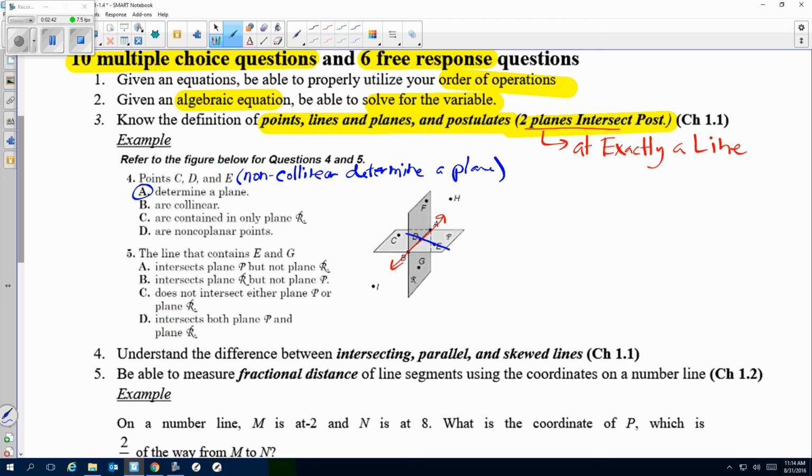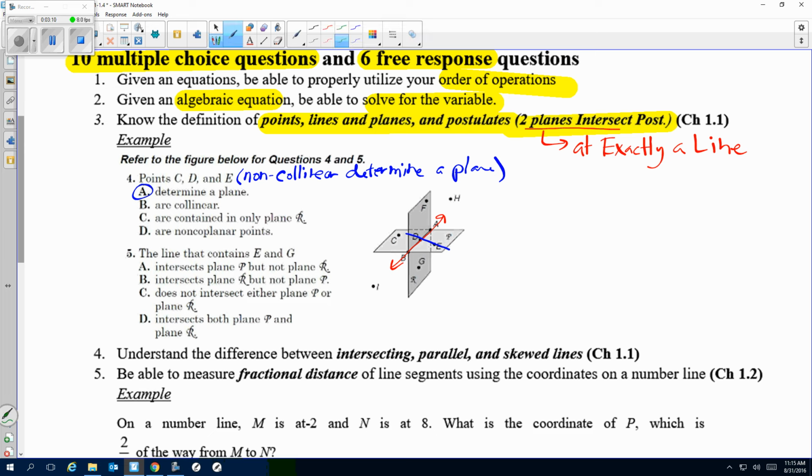All right, so see if you can read the question and come up with the correct answer choice for number 5. Try it right now. You're getting your answer by being able to read and determine from the figure. And since they are talking about a line, it's okay to draw on your test.